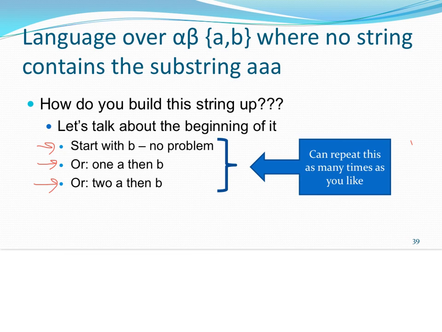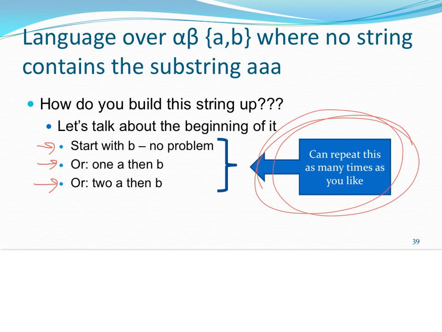And I'm also going to claim that we can repeat any of these as many times as we like. So we could have a single B, and then maybe two A's and a B, and then one A and a B, and then two A's and a B, and then another B, whatever we want. We can take anything from any of these.